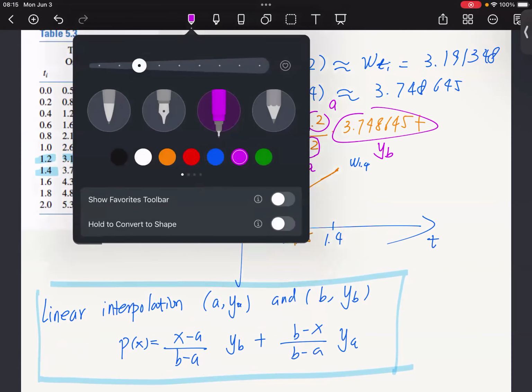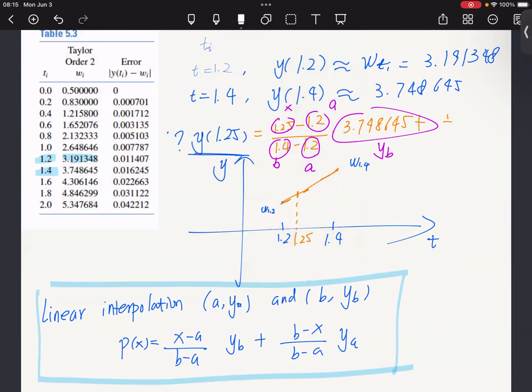And next is the next plus c, b, it should be 1.4 again, and then x is 1.25, and then divided by 1.4 minus 1.2, and the ya should be the value at the time 1.2, but it's the approximation, and so we got 3.19134, and this is how we calculate the approximate value at y equals 1.25.